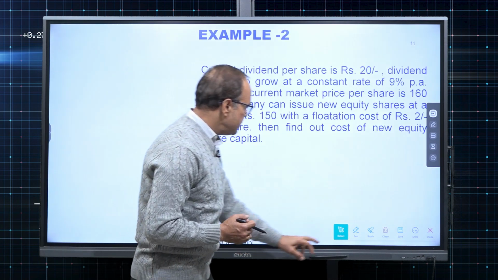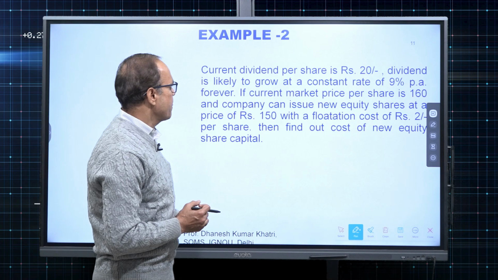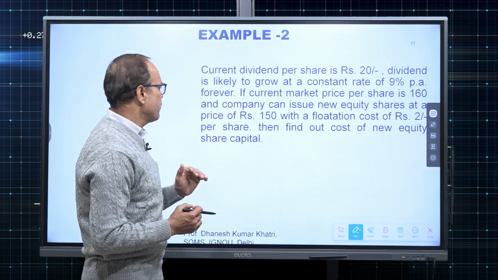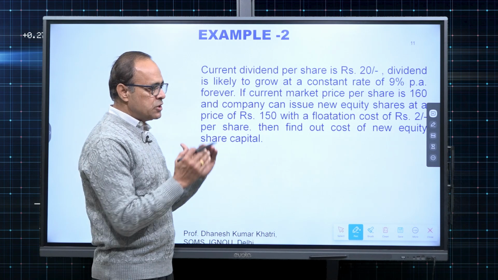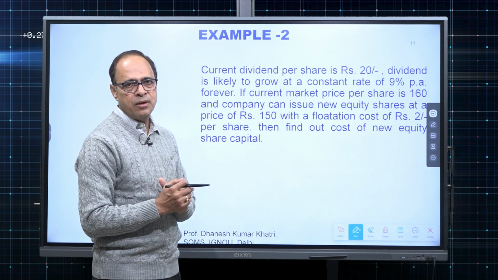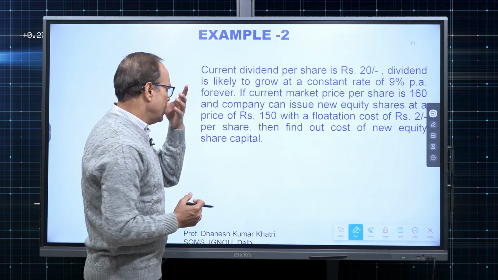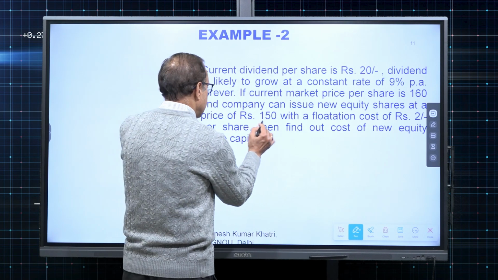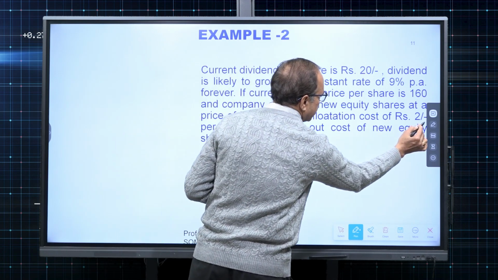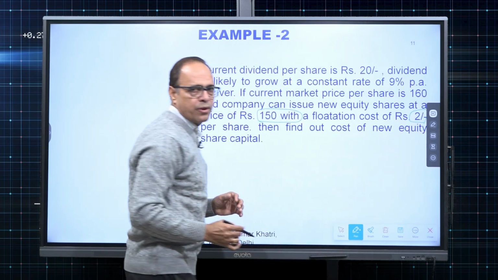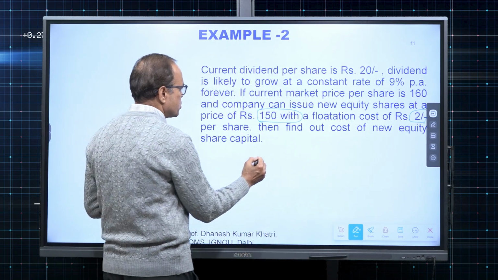Now, taking the data of the same numerical, suppose the current market price of the share is 160, but now the company is going to issue new shares, because companies can issue new shares also, and in that case shares will be issued at a price of 150 and the flotation cost per share is rupees 2. So how do we calculate the cost of equity?